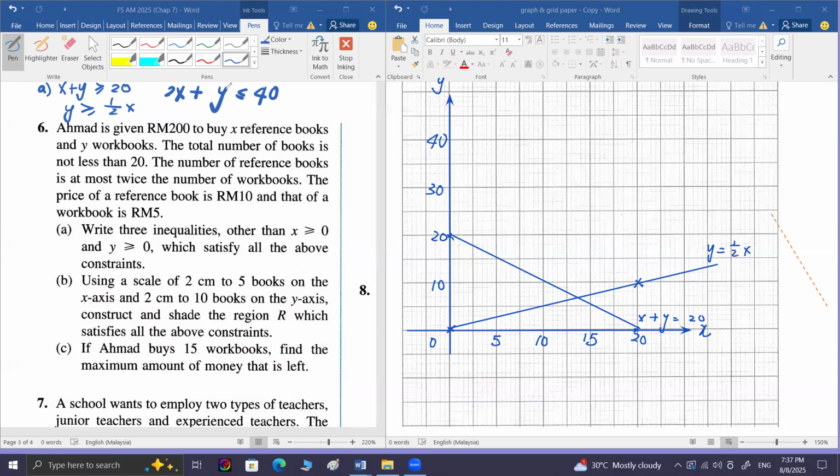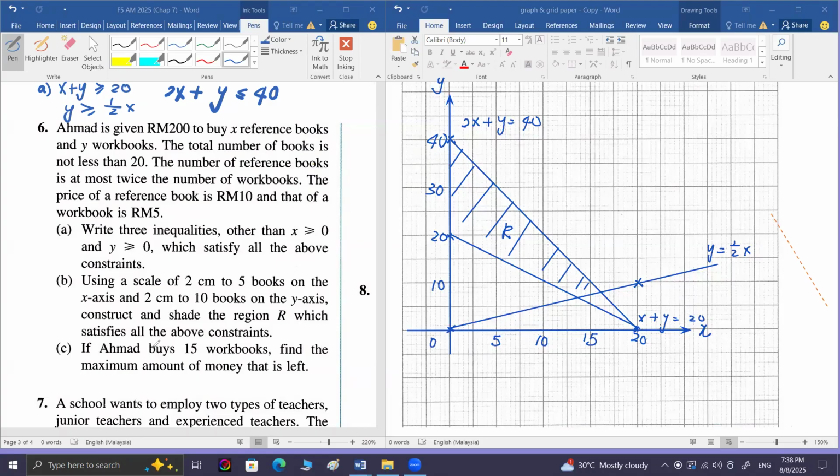Next, X 0, Y 40, Y 0, X 20. Then I sketch and shade. This region, you can do like just now, the unwanted region, what I shaded with the yellow like this. Should be okay, right? Okay, next.